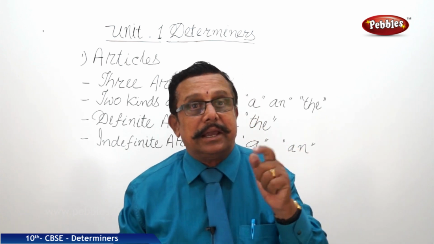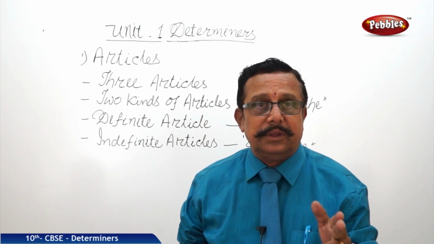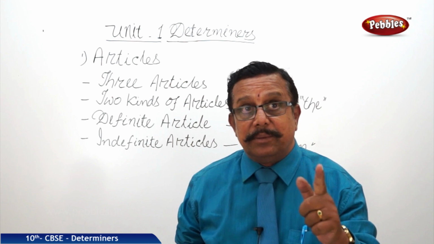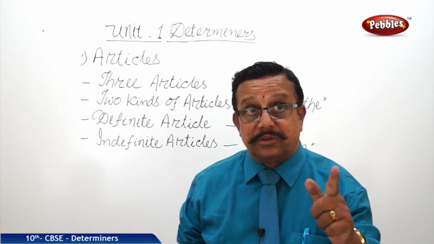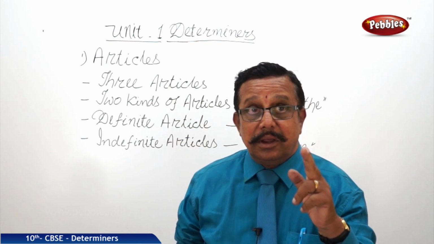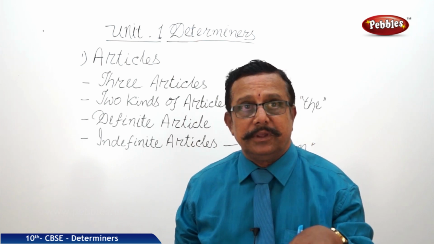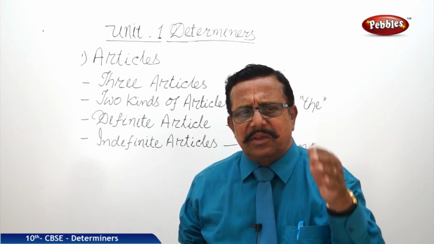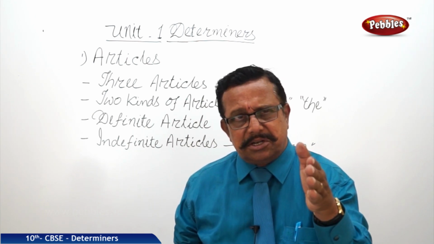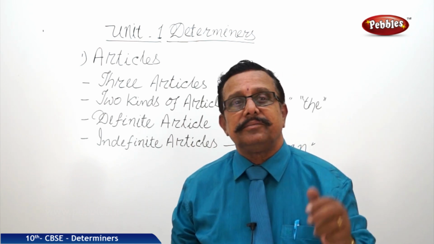When we are talking about article, we have already seen it is an adjective because it describes, it qualifies, it quantifies the noun. As an adjective, it qualifies itself because it comes before the noun and it talks about the noun. And now it says something fixedly about the noun, confirms the noun, talks certainty of the noun. So it is a determiner.